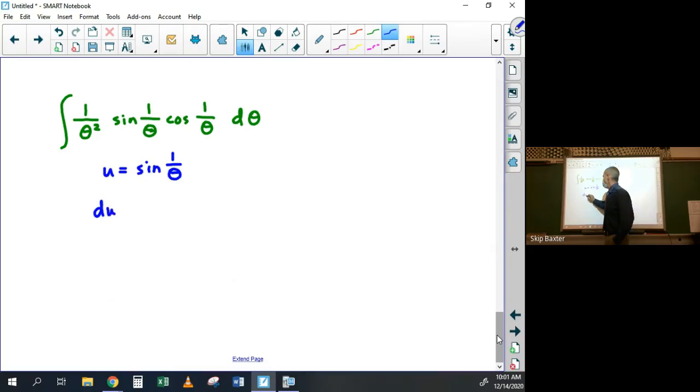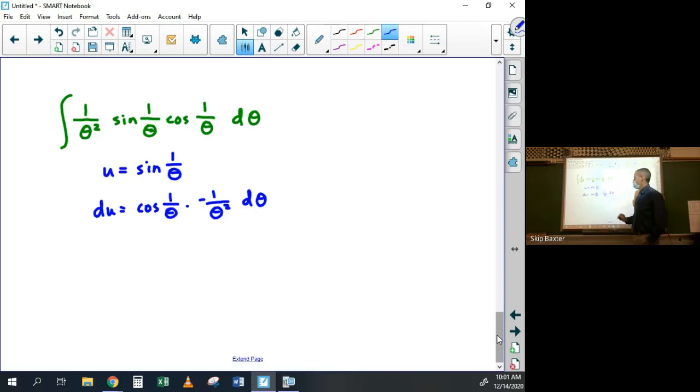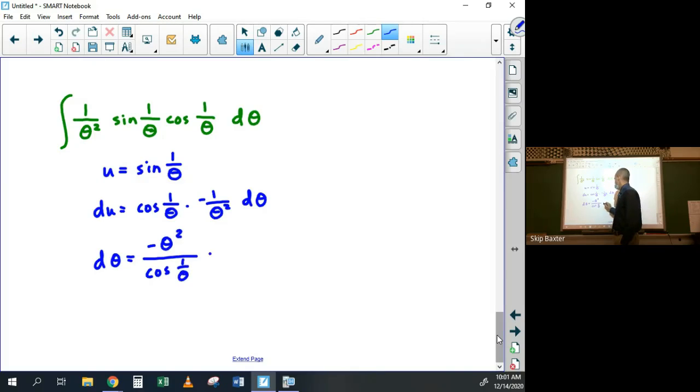So du is equal to cosine 1 over theta times negative 1 over theta squared d theta. Right, chain rule, the derivative of theta to the -1 is -1 over theta squared. So then d theta, well, this is in the denominator, so it's going to be in the numerator, theta squared over cosine 1 over theta du.